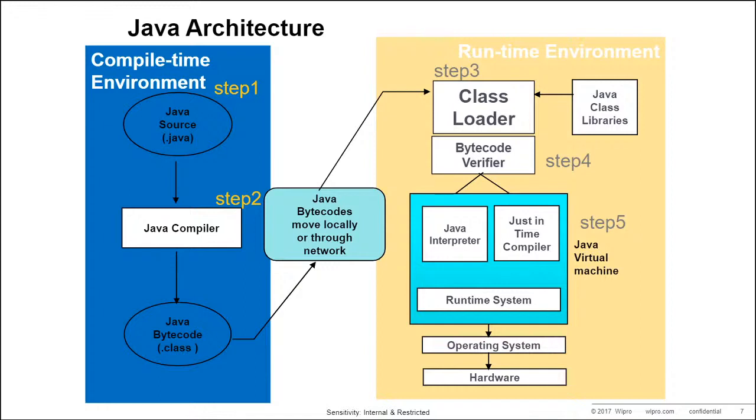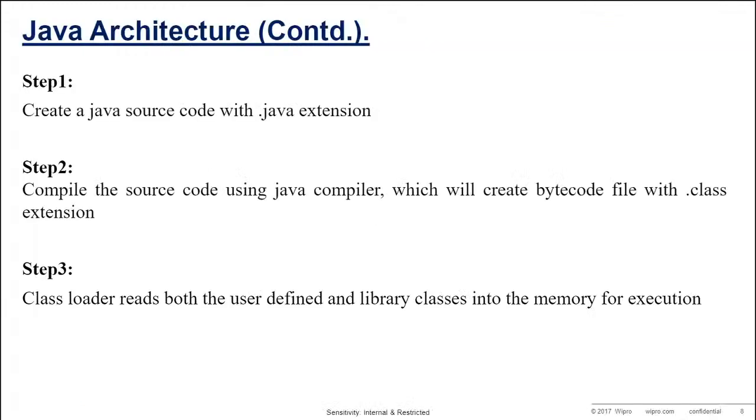The JVM will be created for multiple platforms, whereas the bytecode will be processed by this JVM irrespective of the underlying platform. So the bytecode is the only one which is platform independent, whereas the JVM is platform dependent. This thing you need to understand.